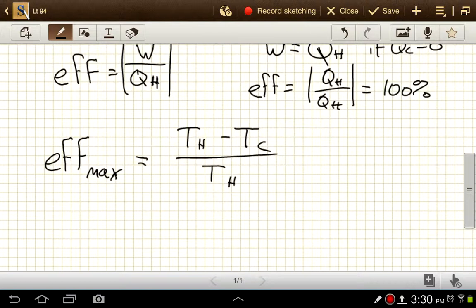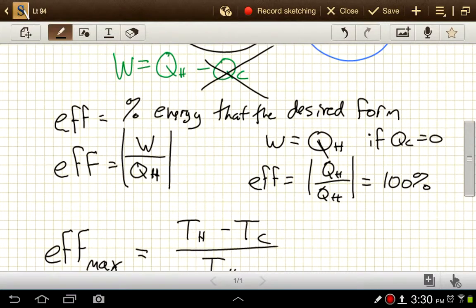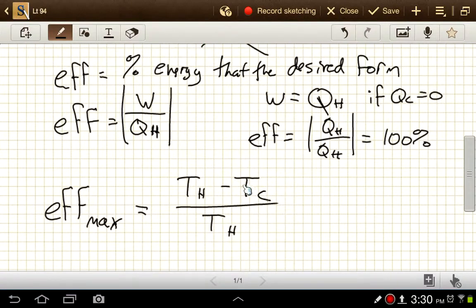So this equation can tell us, at the temperatures that we're dealing with, the temperature of the gasoline once it's ignited in the piston and the temperature of the air surrounding the car, or the ambient temperature, what we can get for our maximum efficiency.